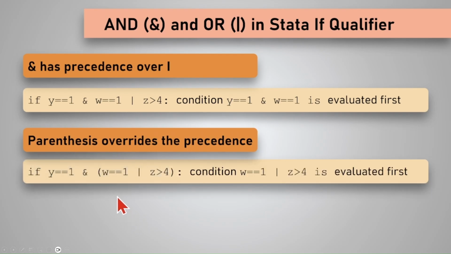For example, in the second example, w double equal to 1 or z greater than 4 is within parenthesis and therefore is evaluated before the AND operator. Note that even when we are joining multiple if conditions in this fashion, we still type the if word only once.